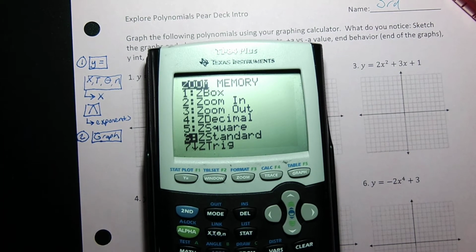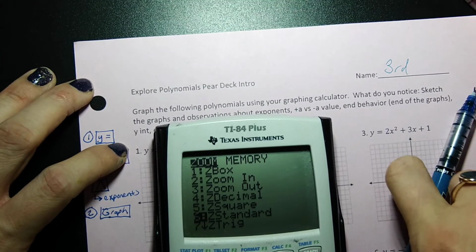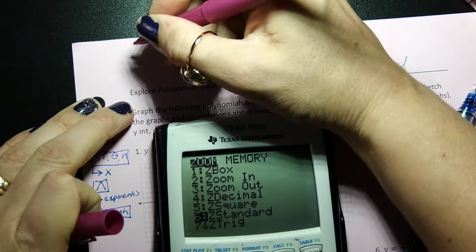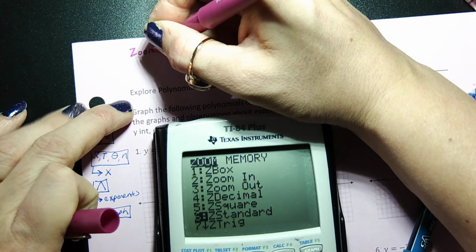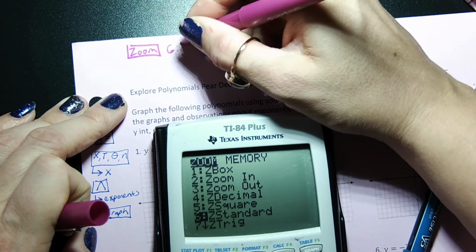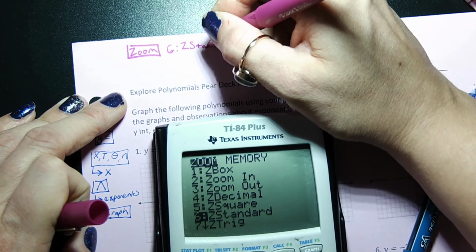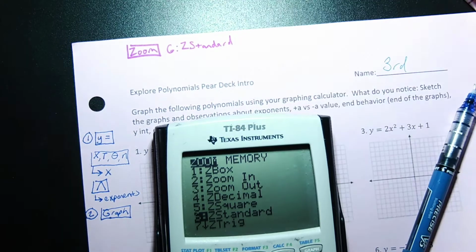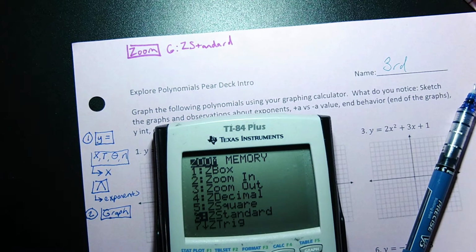Now, I care about this one enough that we're actually going to write this down on our paper. So zoom button, and then option 6 is zoom standard. And what this does is it reorients your window to a 10 by 10 coordinate plane. So it just centers it around 0, 0 and makes it look like a normal 10 by 10 graph.